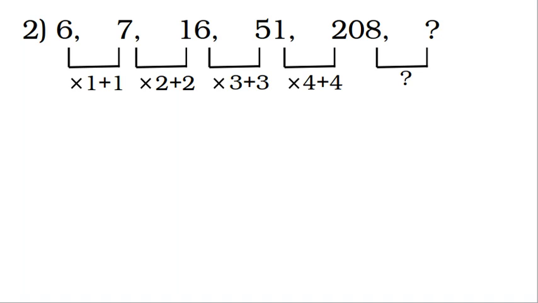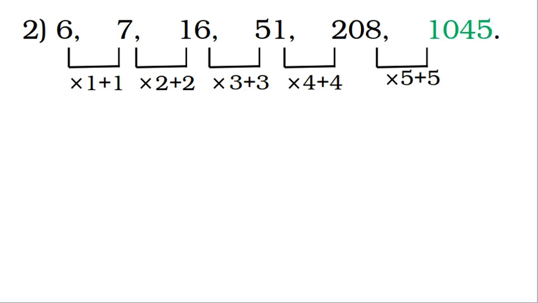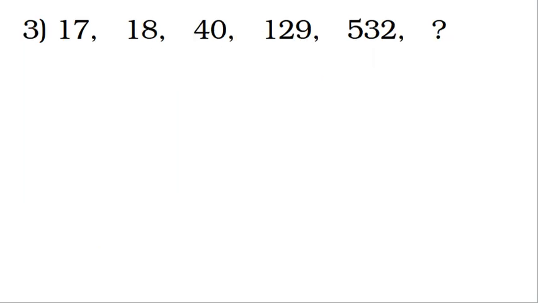So 208 into 5 plus 5 gives your answer. What is 208 times 5? 1040 plus 5 gives you 1045.